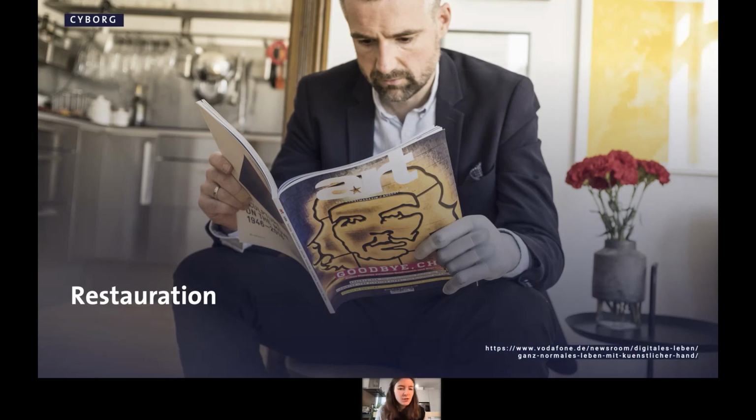And we also need to divide a bit about the definition or the reasons why people become cyborgs or why people enhance themselves with technology. So the first level is the restoration. So that means, for example, this is Bertolt Meyer, and he was born with just one arm.